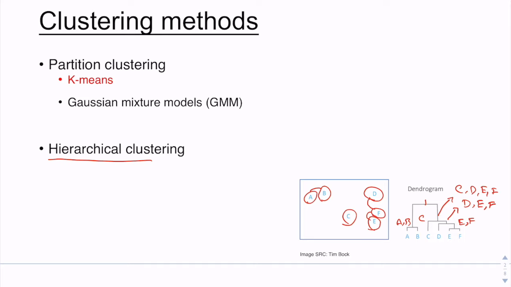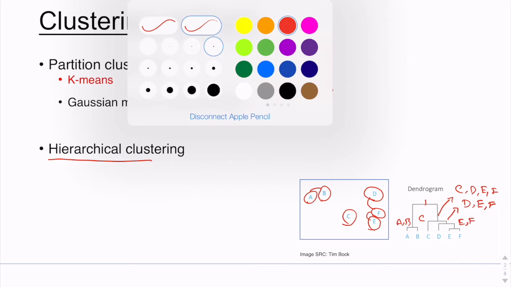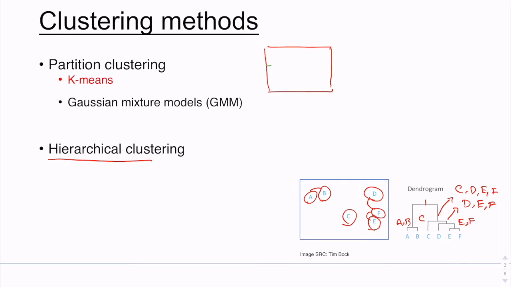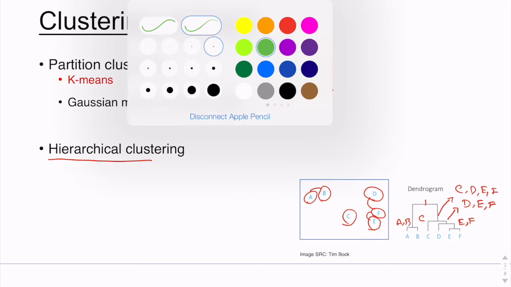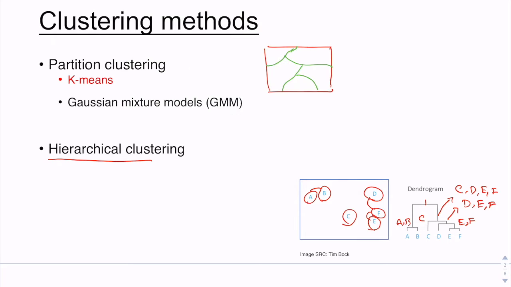So for instance, let's say this is my feature space, and in k-means I'll basically partition this feature space into different partitions or clusters, and then I will assign the samples I have to each of these clusters.